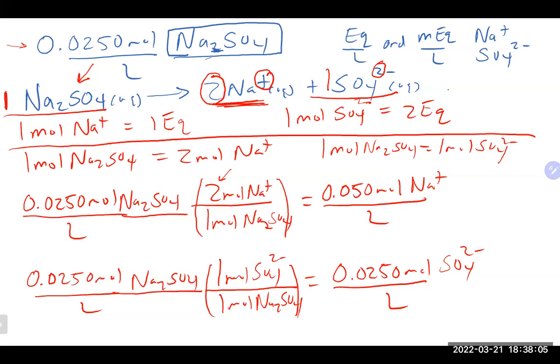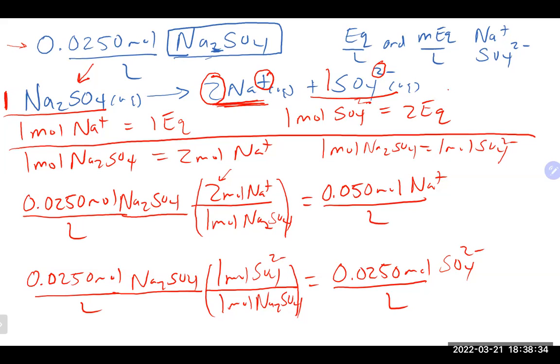So what we have here now is our concentration of each of these ions that are floating around in our solution, but we have it in the wrong units for what we're looking for. We have it in moles per liter, which is molarity. In our case here, we actually want to turn it into how many equivalents per liter it would be for each of them, and how many milli equivalents per liter.